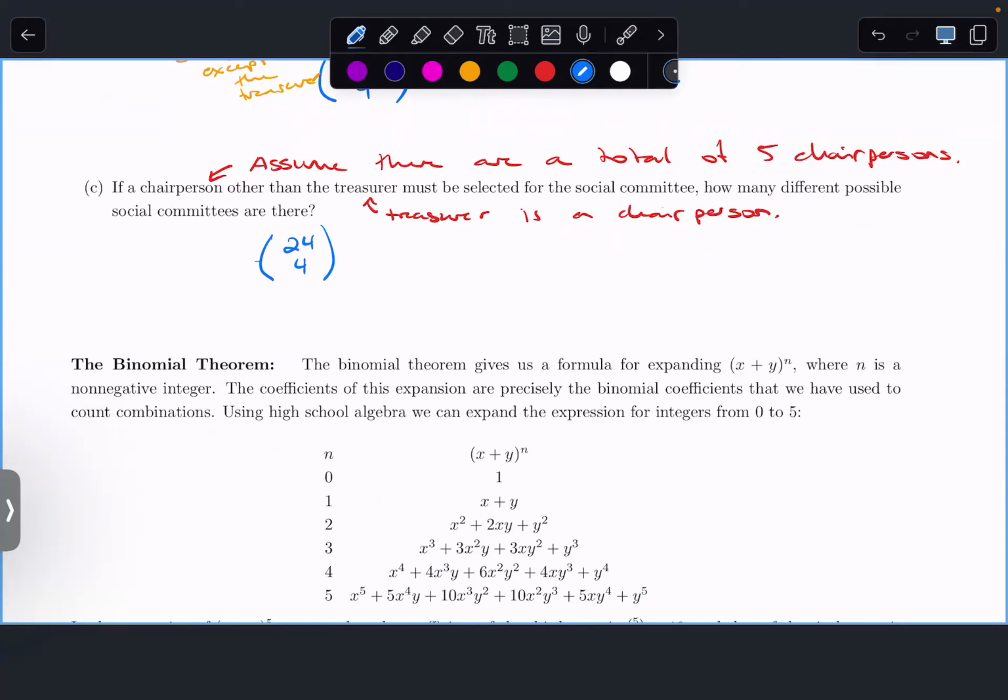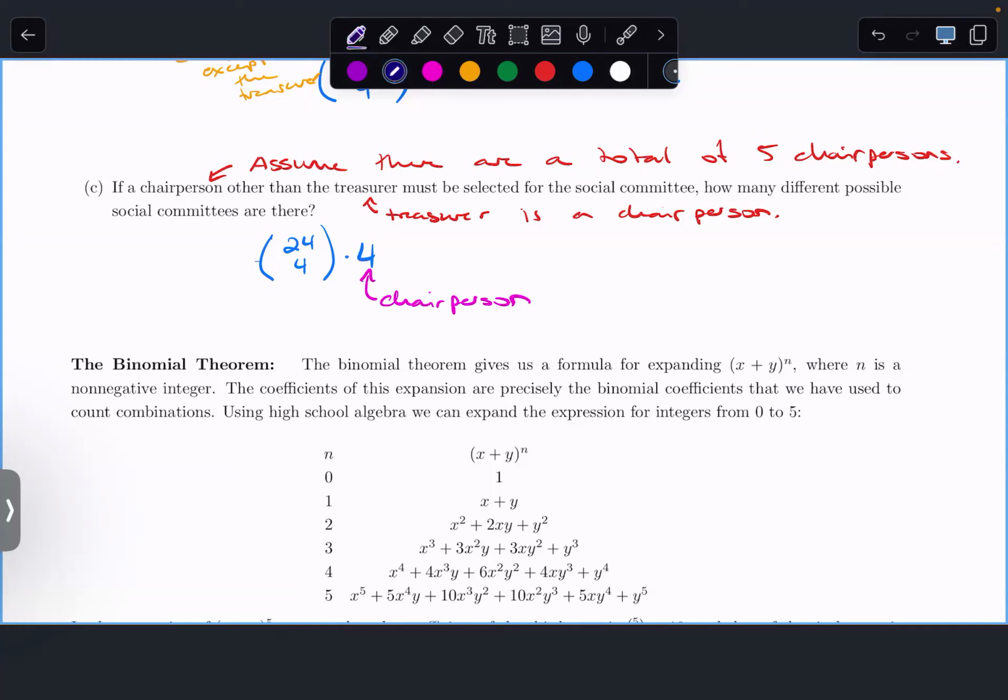24 choose 4 times 4 from the total of 5 chairpersons, but other than the treasurer. So here is the chairperson. There are 4 options, right?